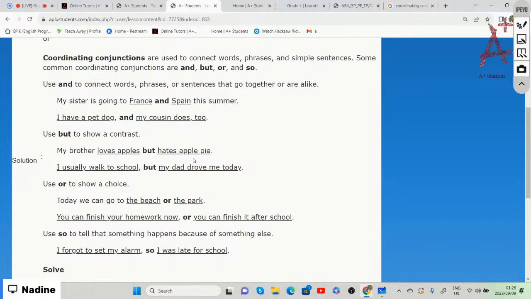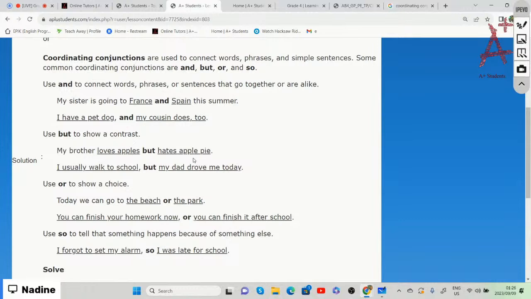Now we are going to use or to show a choice. Today we can go to the beach or the park.